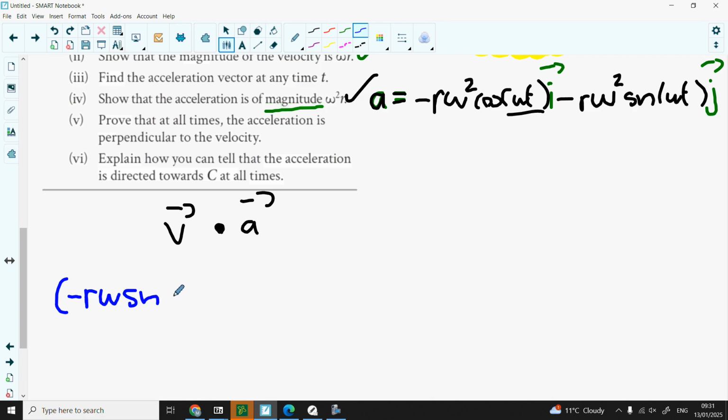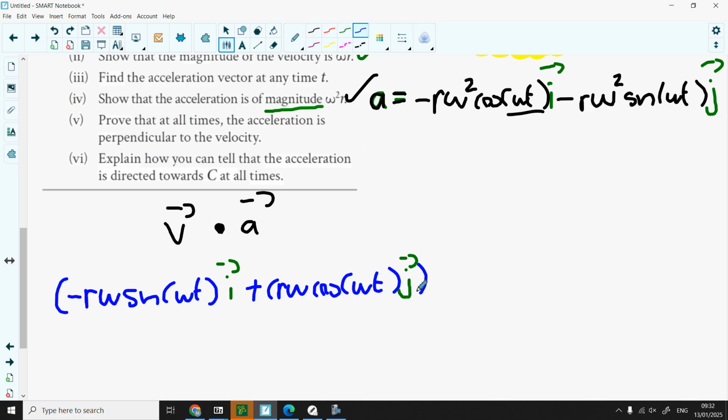Velocity vector is minus r omega sine omega t i plus r omega cos omega t j, and we are going to dot product that with the a, and the a was minus r omega squared cos omega t i plus minus. Thank you.